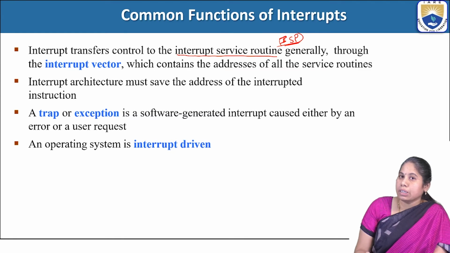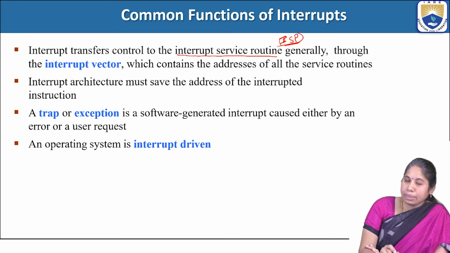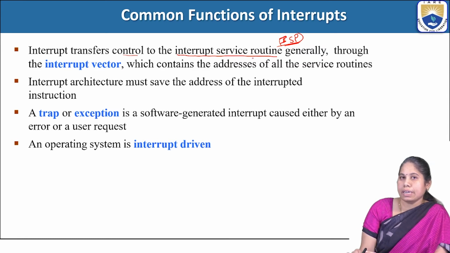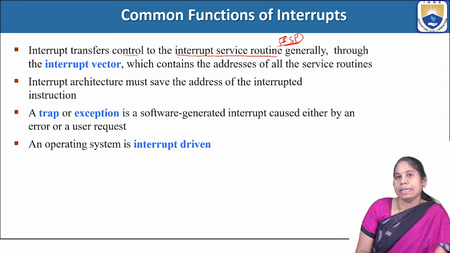Here in operating systems we briefly discuss how computer system operations are performed, right? As part of that, when an interrupt occurs, it transfers control to the interrupt service routine, generally through the interrupt vector, right?